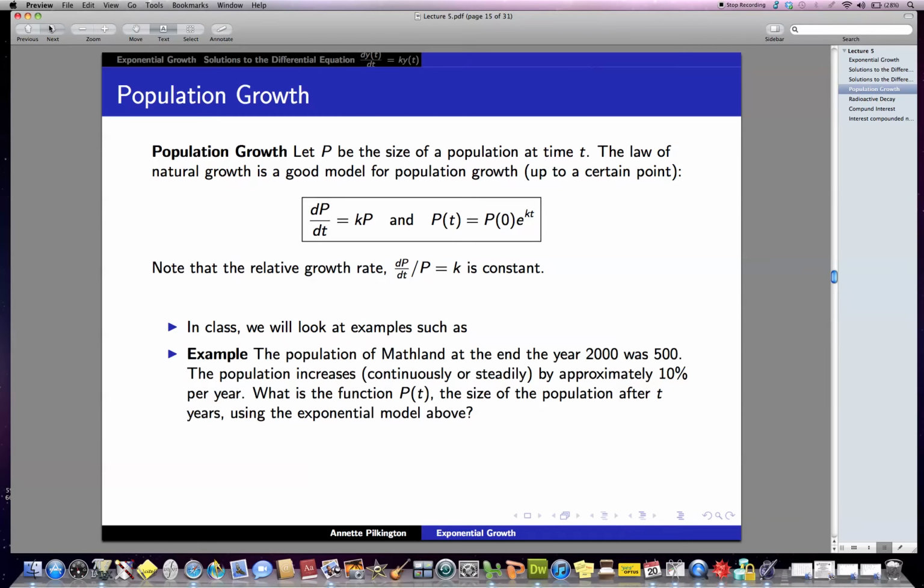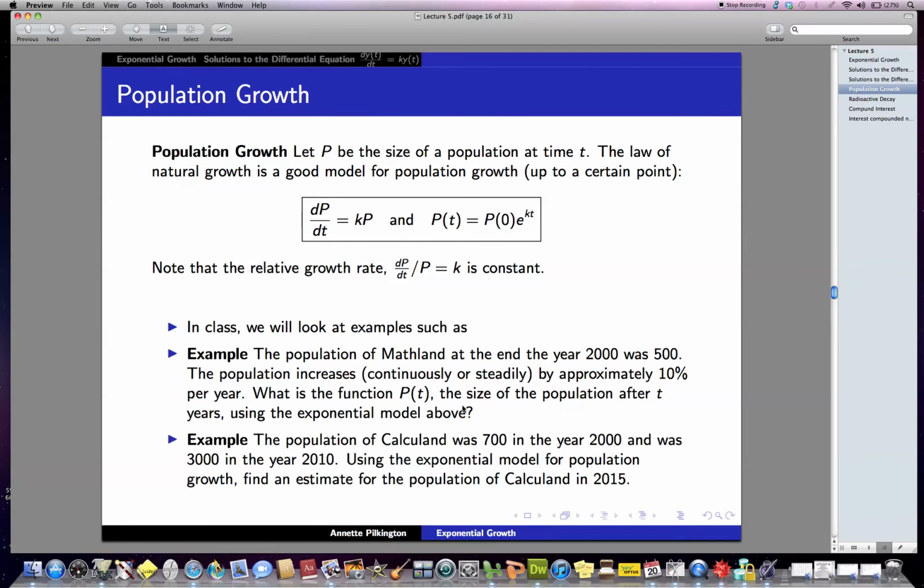In class, we'll look at examples where we're given an initial size for the population and the rate of growth, the value of k, and we want to project what the size of the population will be after t years. So we want to find a value for p of t for a given t.